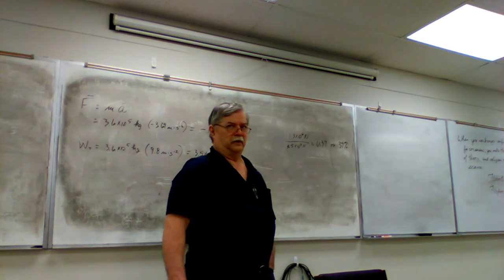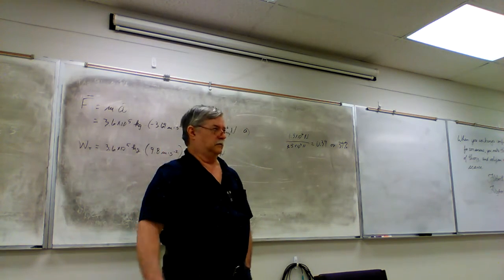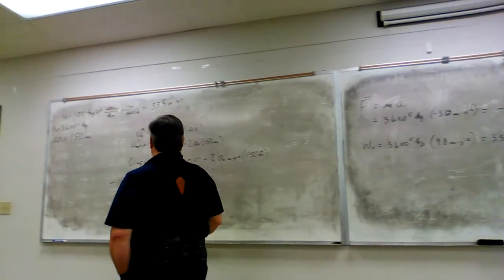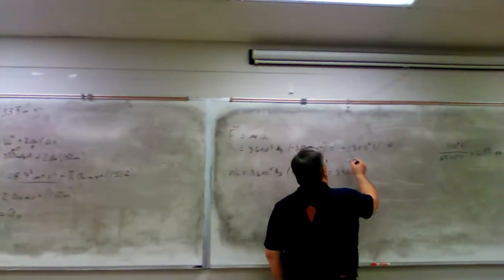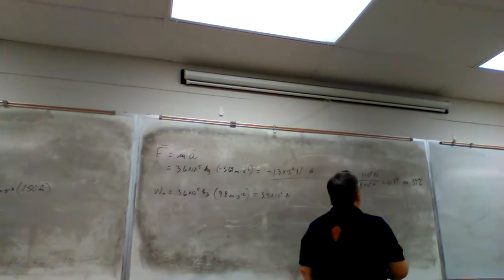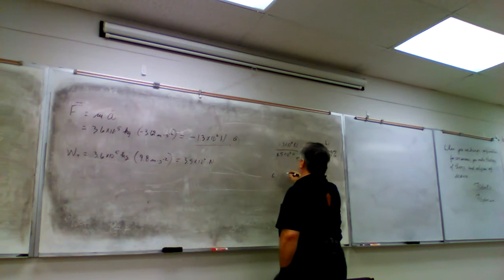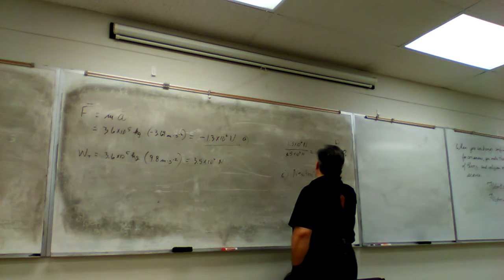Newton's third law of motion. The same force he exerts on the train exerts on him. Which was right here. So that's A. B and C is Newton's third law.